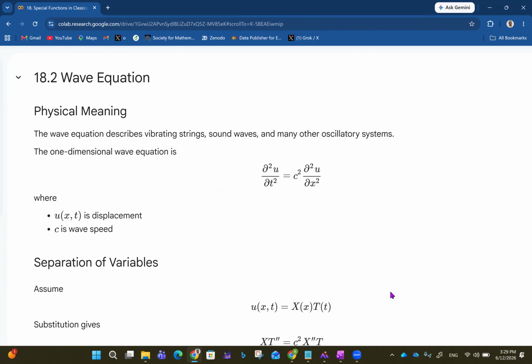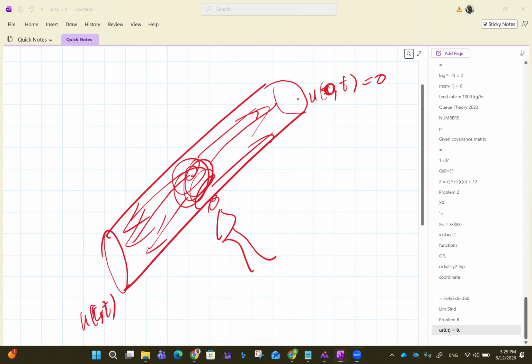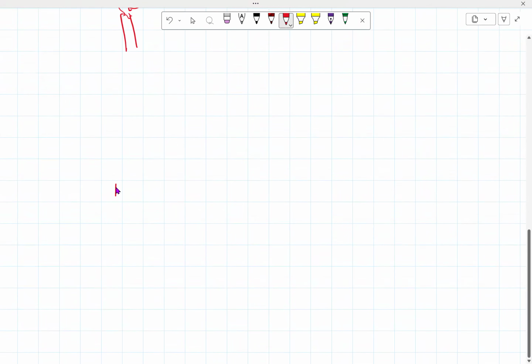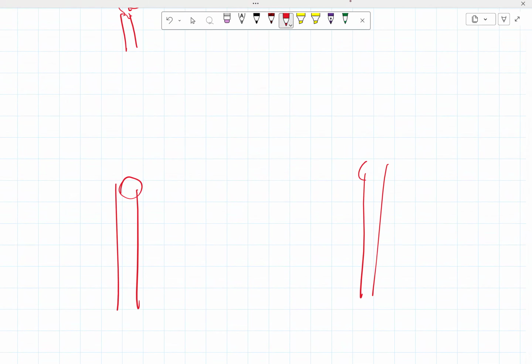So then you have the wave equation. The wave equation describes vibrating strings, sound waves, and many other oscillatory systems. It's more like you have a guitar, and you're plucking the strings. Or maybe you have two poles, and I'm not very good at drawing, I'll just try.